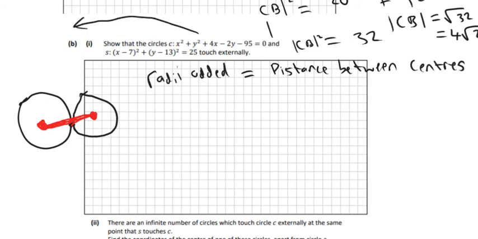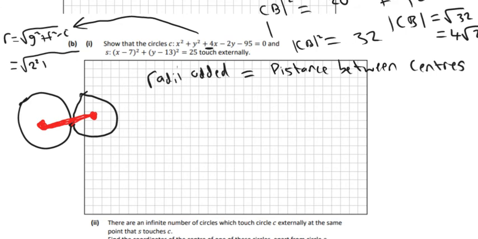The radius of C, there's a formula in your log tables, and it's R equals the square root of g squared plus f squared minus c. G in this will be 2, because 2gx, whatever's in front of the x is 2g, so g has to be 2.